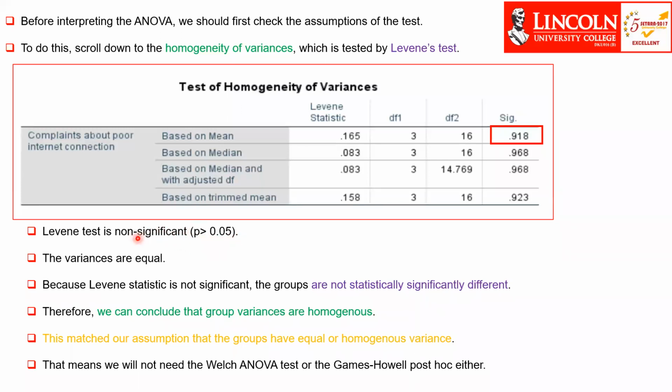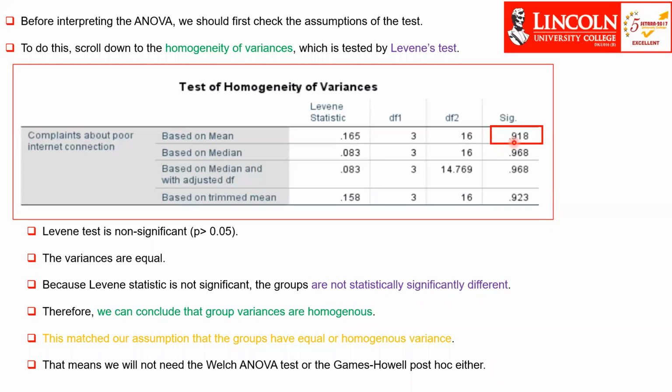This shows the variances are equal because the test is not significant. The groups are not statistically significantly different. Therefore, we can conclude that group variances are homogeneous. This matches our assumption that the groups have equal or homogeneous variance because this is not significant.